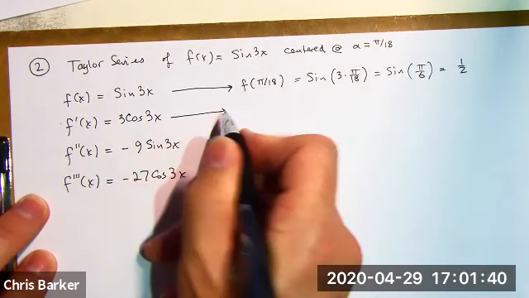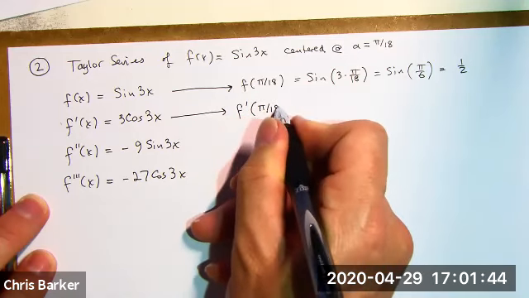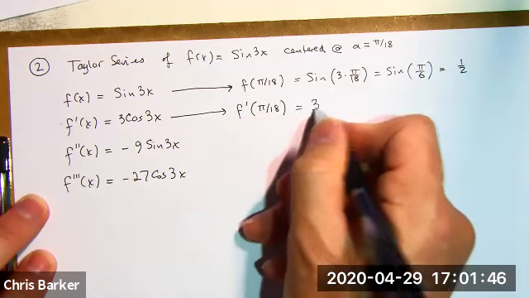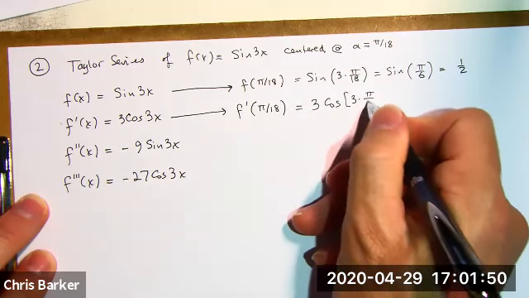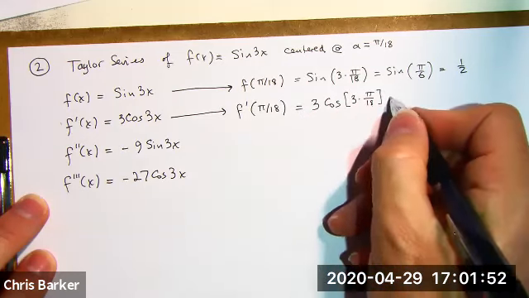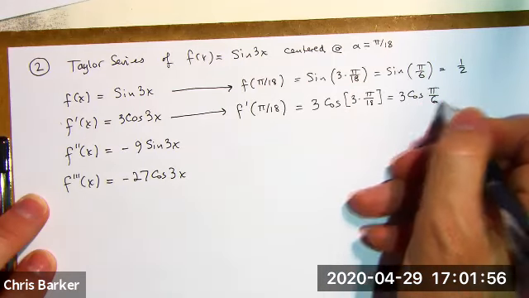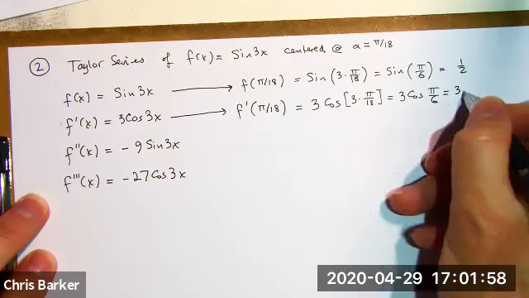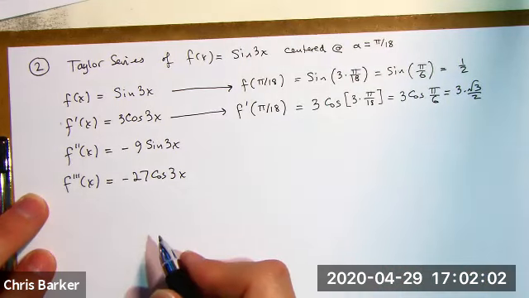Okay, what's f prime at pi over 18? Well, that's 3 times the cosine of 3 times pi over 18, which is 3 times the cosine of pi over 6, which is 3 times the square root of 3 over 2. Again, from memory, we know that.